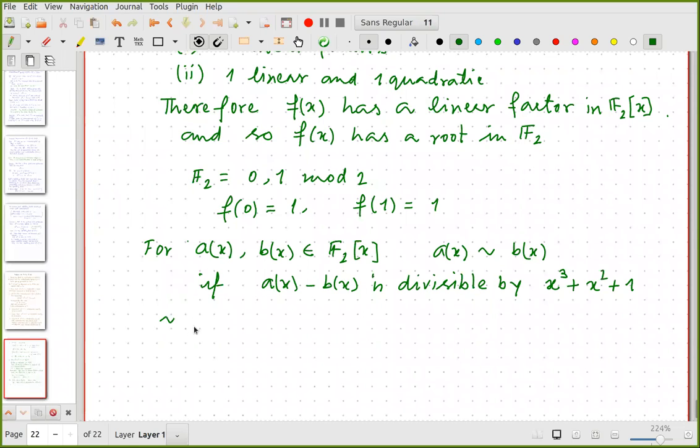So if you simply find the representatives, so the thing is to find the representatives.